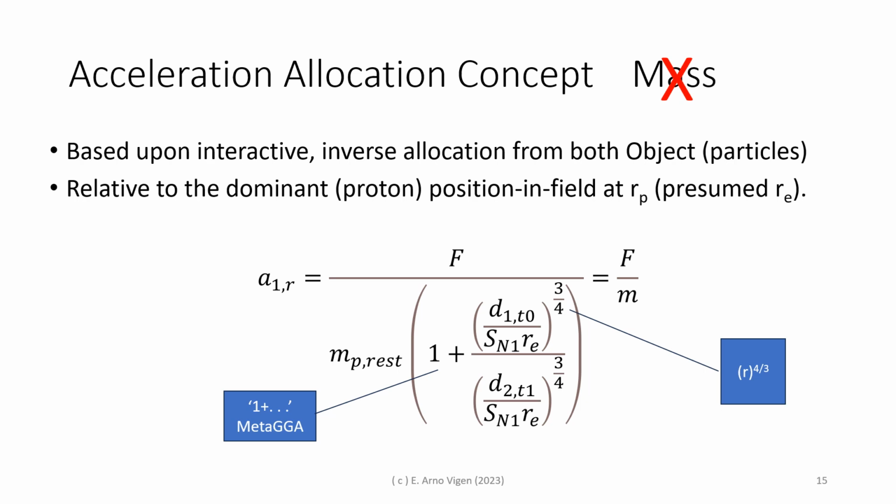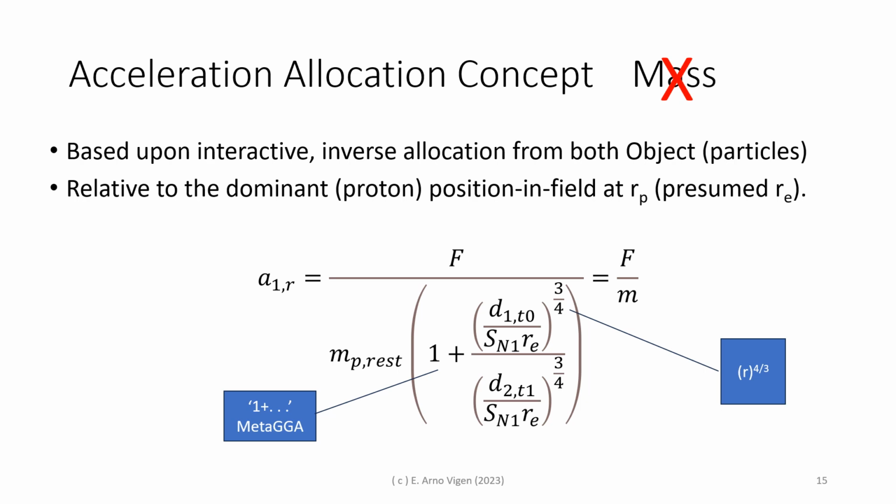The acceleration of one particle in the radial direction is the force divided by, not by mass, but by the mass of the proton at rest, which obviously is the maximum mass that we can have, but then divided by 1 plus this position in field of 1 over the position in field of 2. And with that, you basically get the calculations that fix mass at the gross level for Mercury's orbit, as well as mass in all subatomic fields.